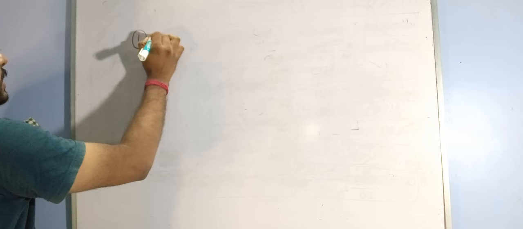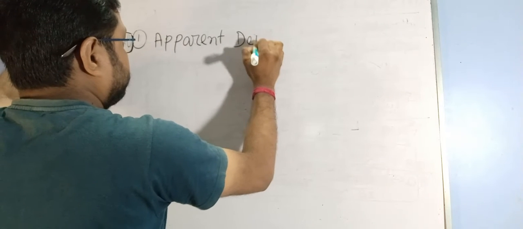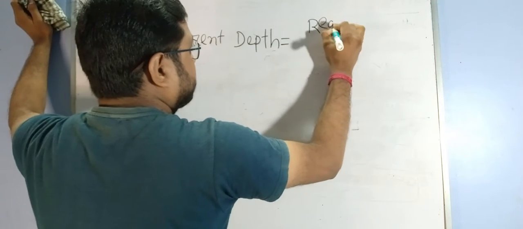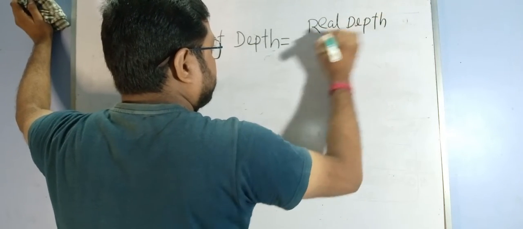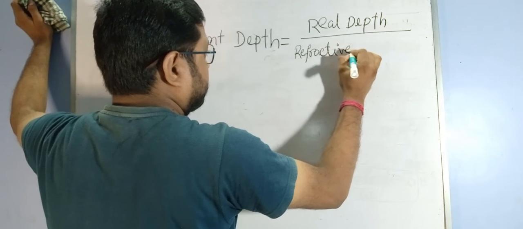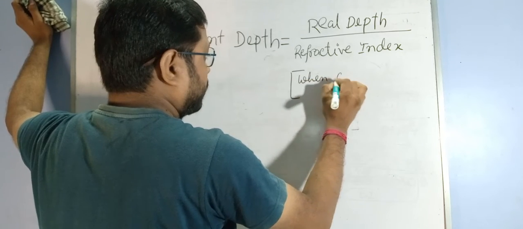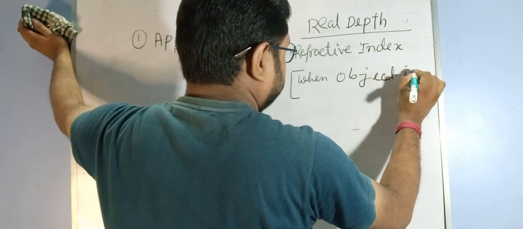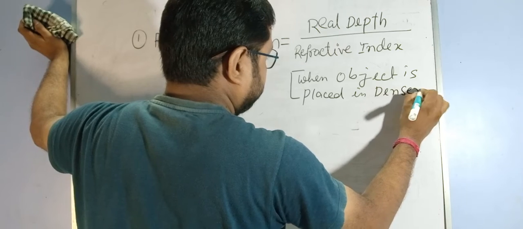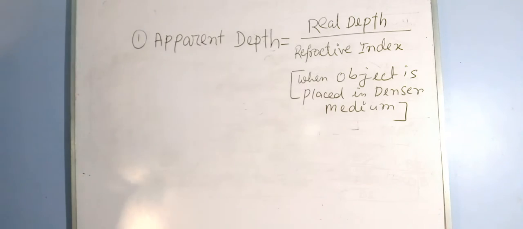One is apparent depth equal to real depth by refractive index, when the object is placed in denser medium.